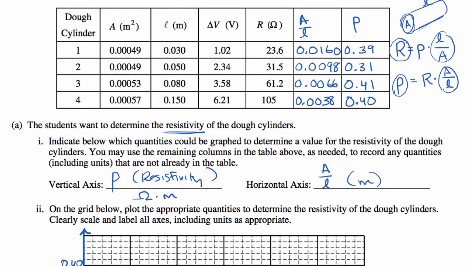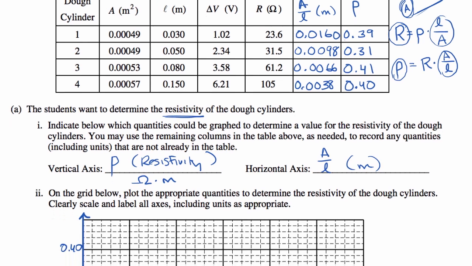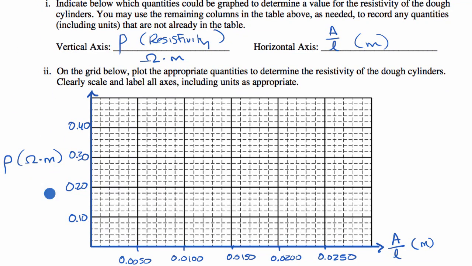So let's see, the first one has a resistivity of 0.39, and our A divided by L is going to be in meters. This is going to be 160 10 thousandths of a meter. And so we would go look up 160 right over here. So this is 150. And then we'd want to go 1/5 of the way between this, and it's neatly divided into 5 sections here.